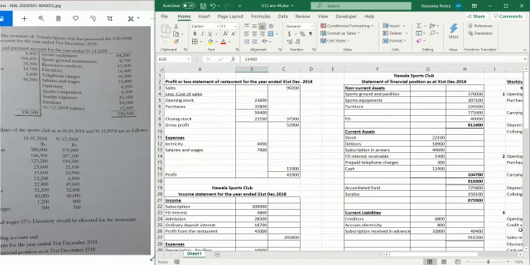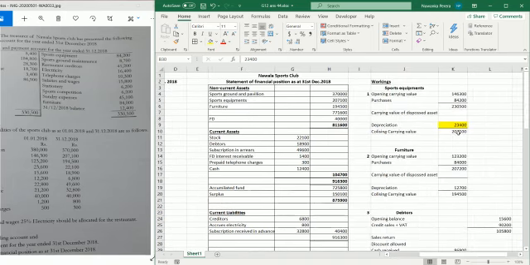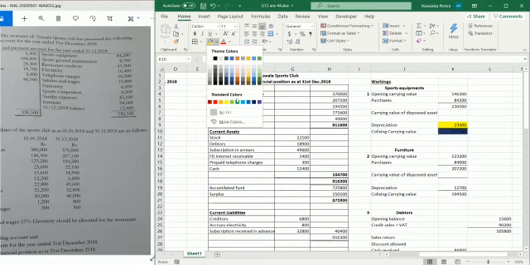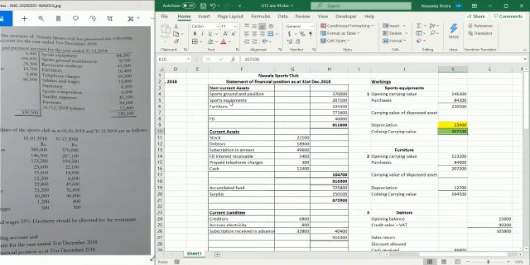Then at the same time, the closing value of this sports equipment has to be recorded in the statement of financial position. Here I have recorded that.